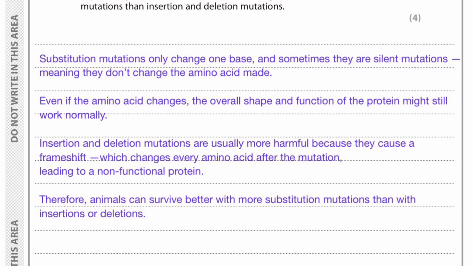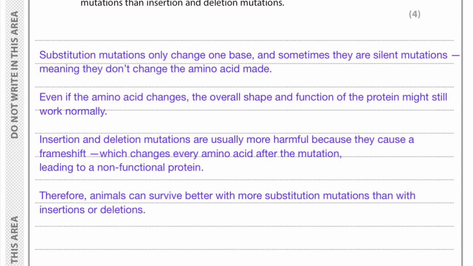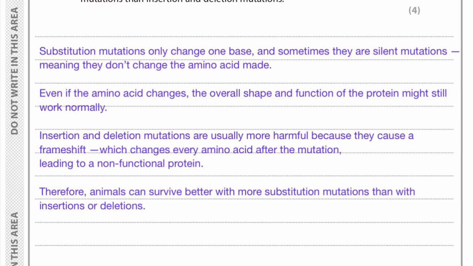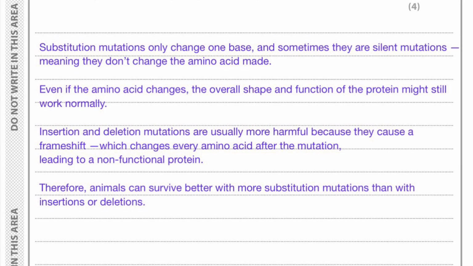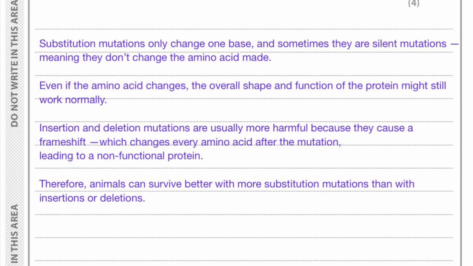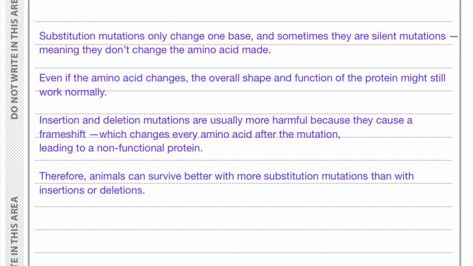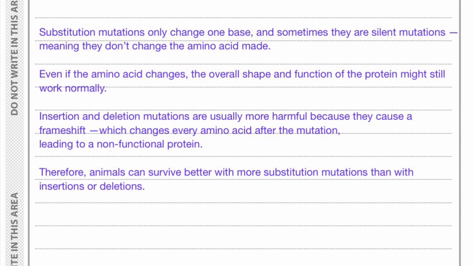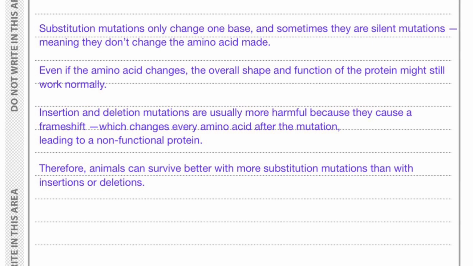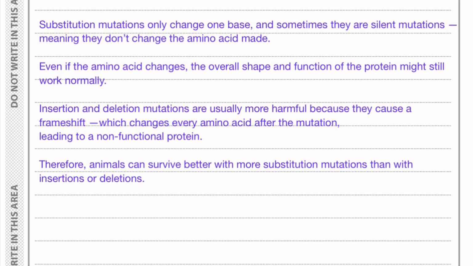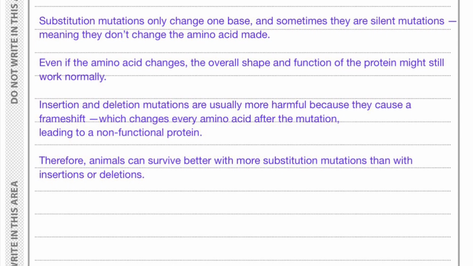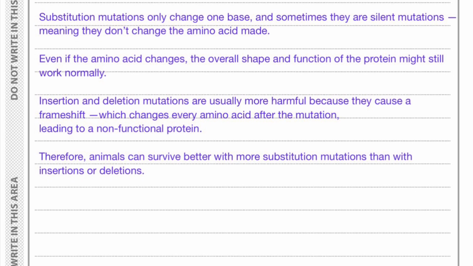Even if the amino acid changes, the overall shape and function of the protein might still work normally. Insertion and deletion mutations are usually more harmful because they cause a frame shift, which changes every amino acid after the mutation, leading to a non-functional protein. Therefore, animals can survive better with more substitution mutations than with insertions or deletions.